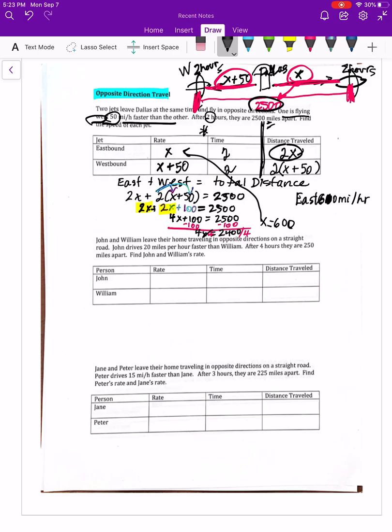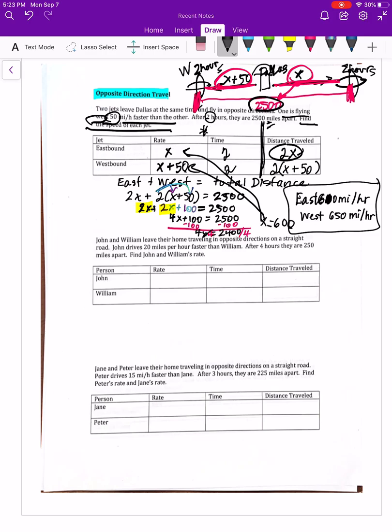Now the next one is right here, the westbound. And so it's X plus 50. So you're going to do 600 plus 50. So the westbound would go 650 miles per hour. And it says find the speed of each jet. Well, they want both of them. So there we go, east and west.